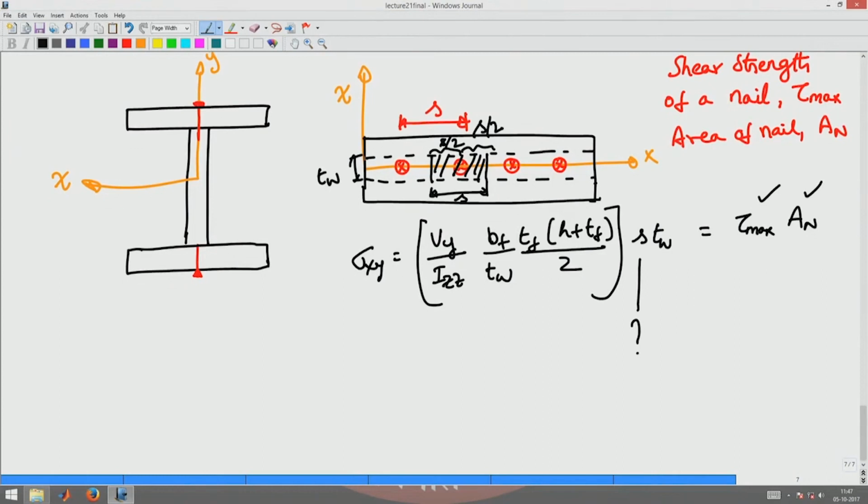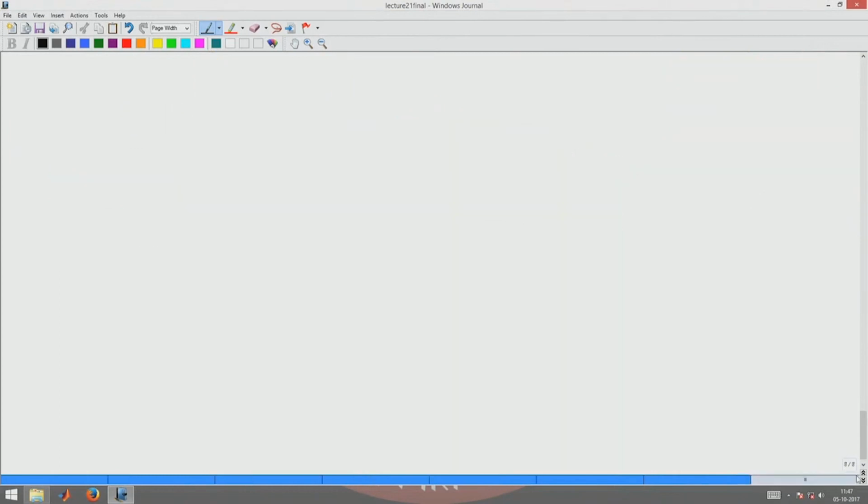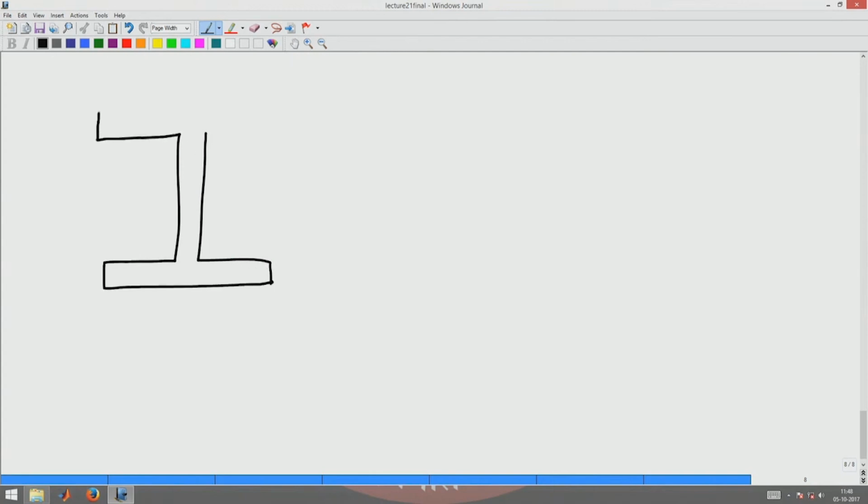Now let us look at the equilibrium of forces and moments due to the shear stress distribution at a section. I have an I section, where the flange widths along the two directions were the same.